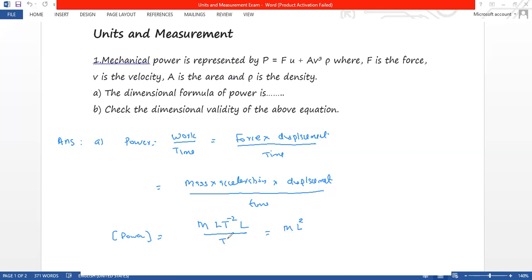This is t raised to 1. Then t raised to minus 2 is the numerator. If you transfer the denominator t to the numerator, it becomes t raised to minus 3. So the dimension of power is M L square t raised to minus 3. Okay.